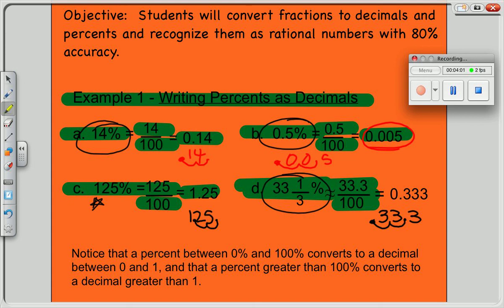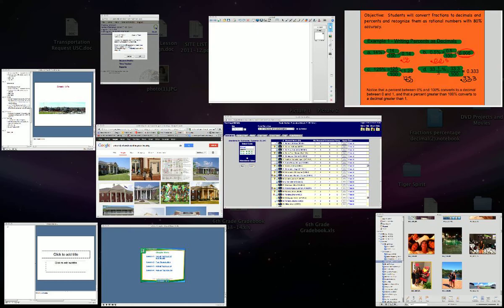And a percent greater than 100, so now I'm talking about this one, converts to a decimal greater than 1. So we should just see that relationship. So any percent that is between 0 and 100 will convert to a decimal that is less than 1. Any percent that is greater than 100 will convert to a decimal that is greater than 1. Okay? We'll talk more about that tomorrow also. All right. Next.